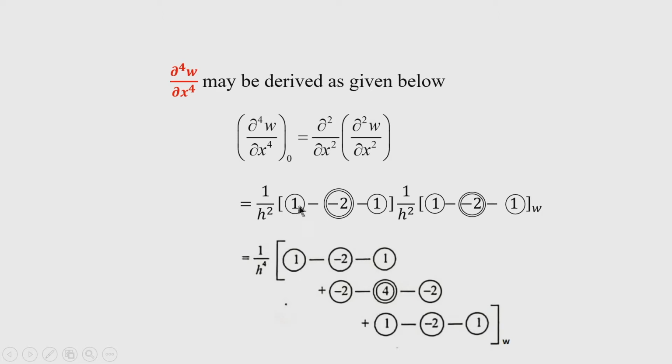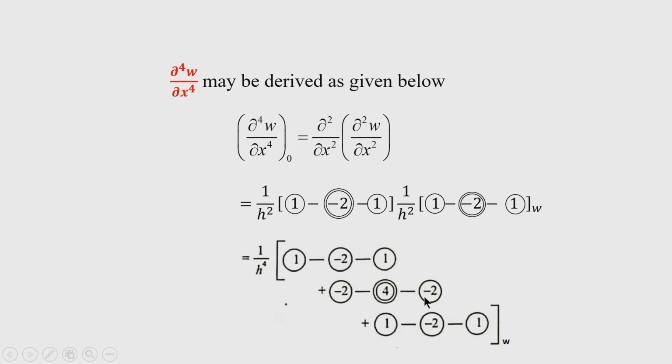So, if you multiply, the first row is 1, minus 2, 1. In the second row, the multiplication gives minus 2, then 2 times minus 2 is 4, then minus 2.